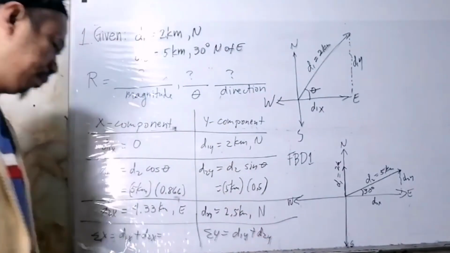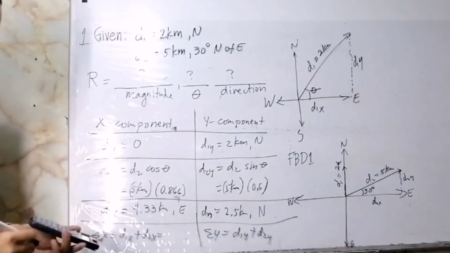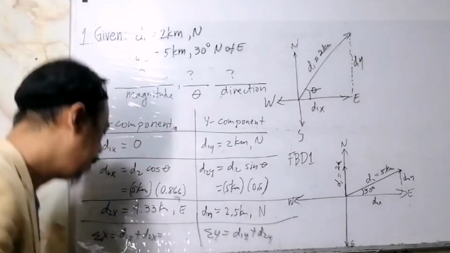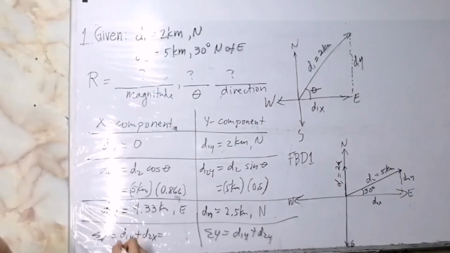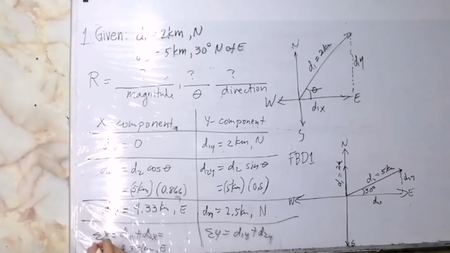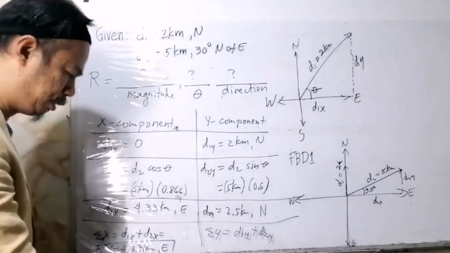Okay? So what's the value? So here, that's 0. And then, we just copy. The answer is 4.33 kilometers east. So that's the summation of x.